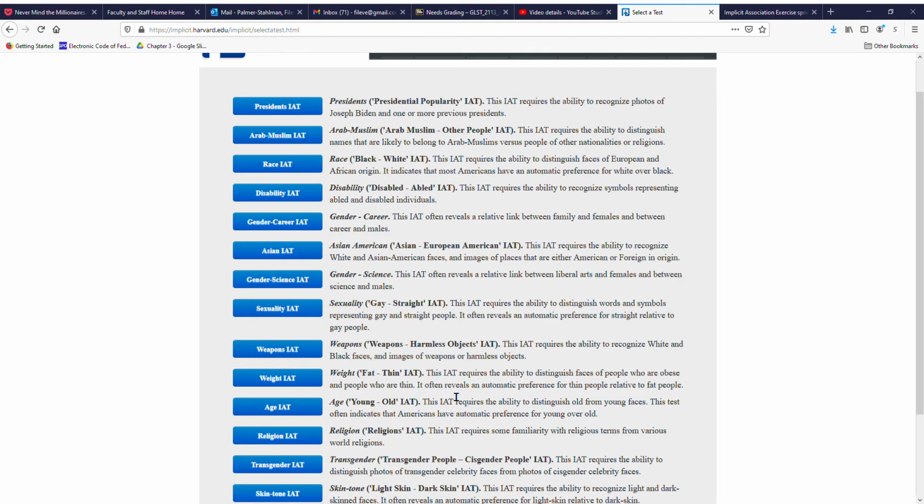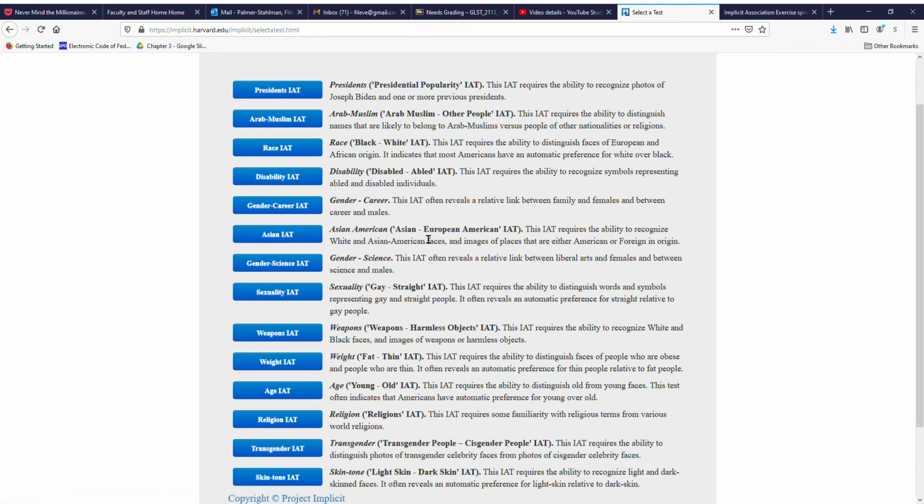Presidents, Arab, Muslim, race, disability, gender, Asian, etc. You are required to take two tests. One will be of my choice, either race or the skin tone test. The other will be one of your choice.